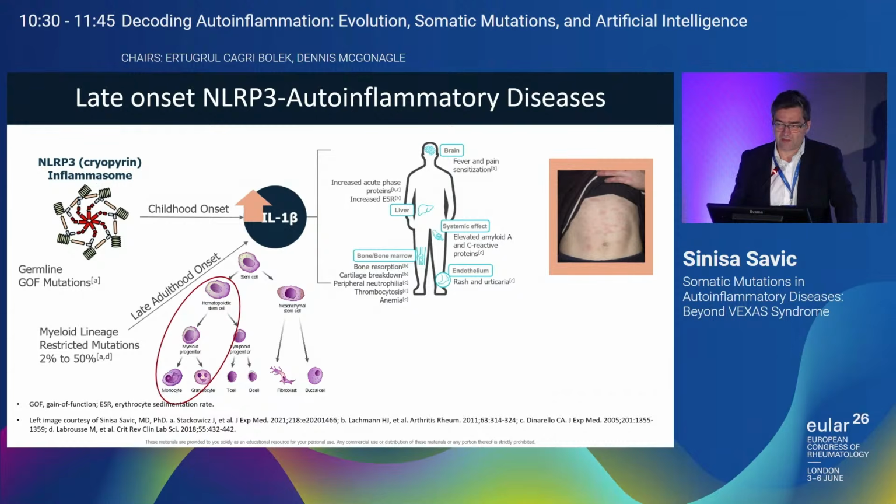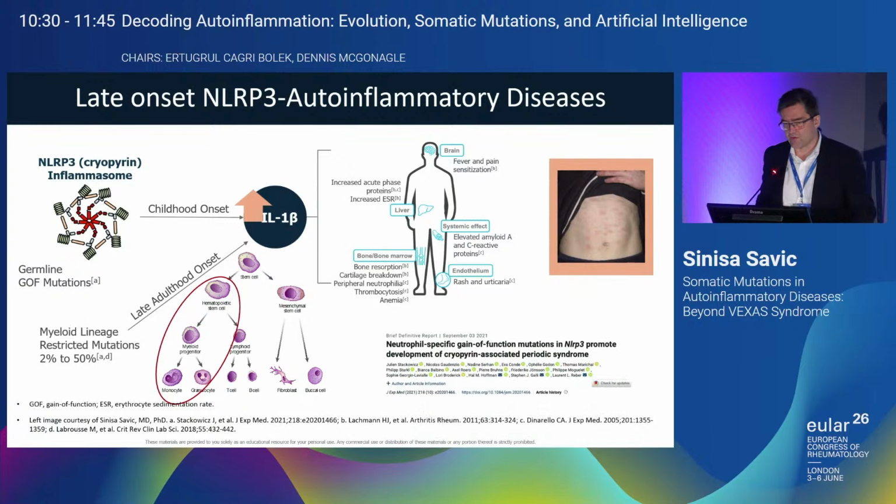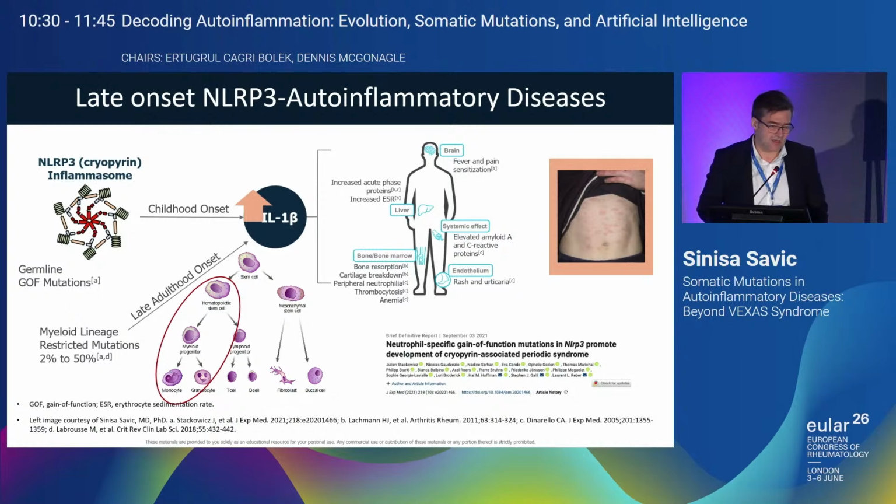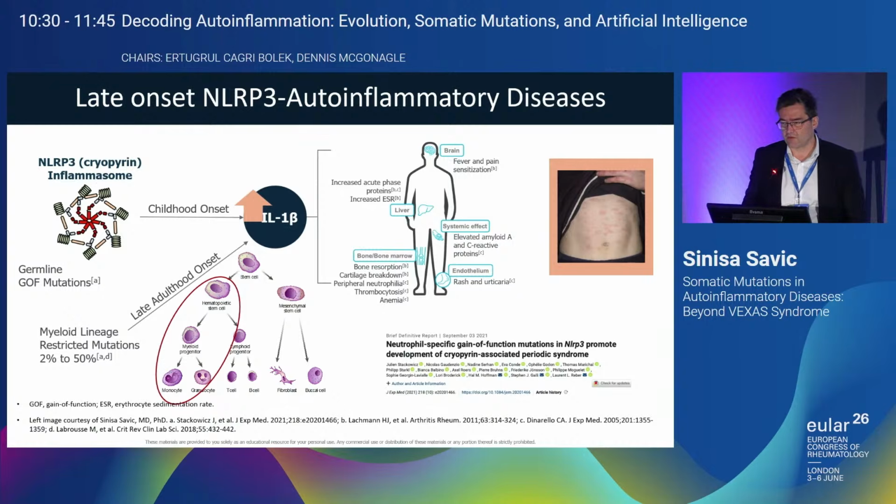And it turns out that these patients have acquired mutations within the bone marrow affecting the same inflammasome, and they were gain-of-function mutations, and the fraction of mutated cells didn't need to be huge. Between 2 and 10% of myeloid cells within the bone marrow was sufficient to cause the disease. And the whole concept was also replicated in murine studies where neutrophil-targeted mutations were sufficient to replicate the full phenotype of the disease.